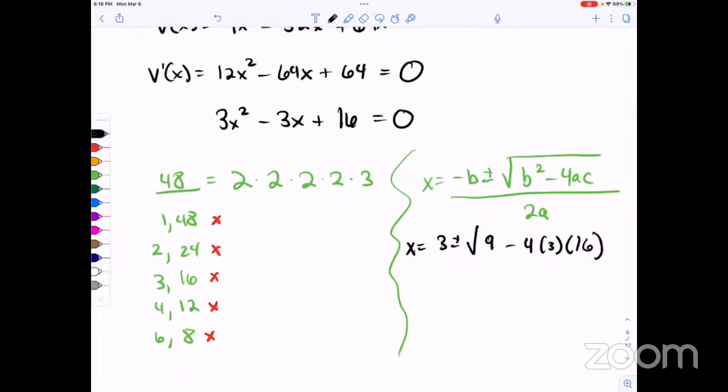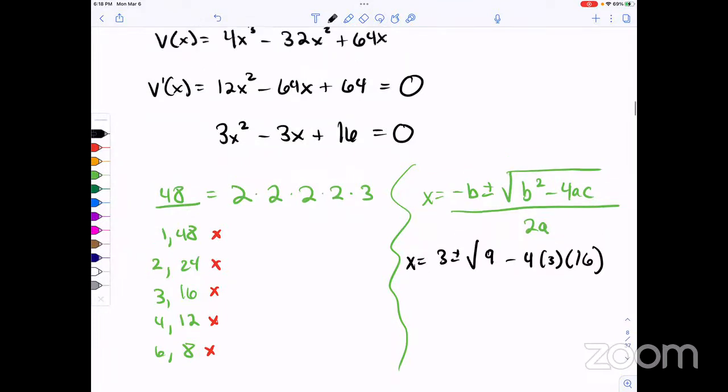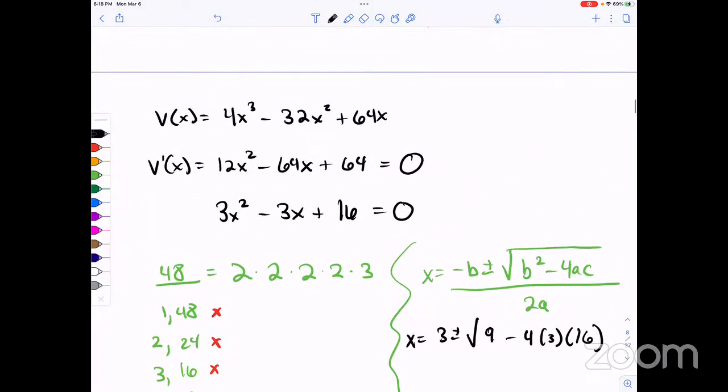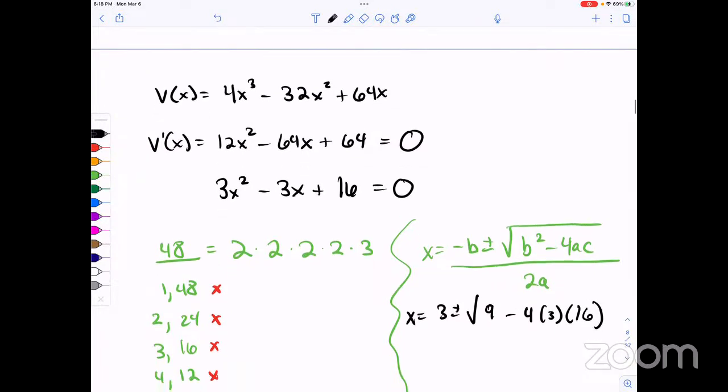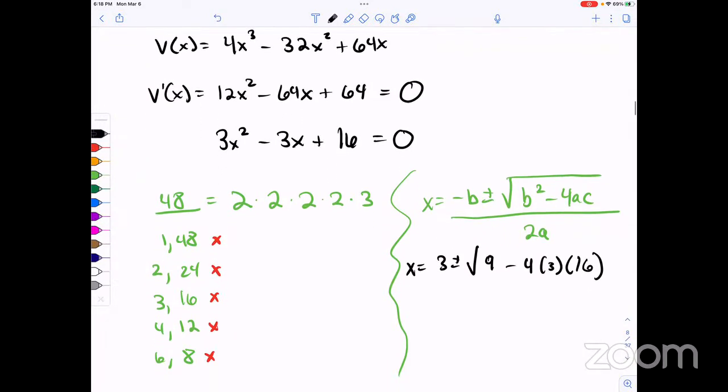Did I keep my negative? Negative b plus or minus the square root of b squared minus 4 times a times c. Because we're getting a negative discriminant, what am I missing?